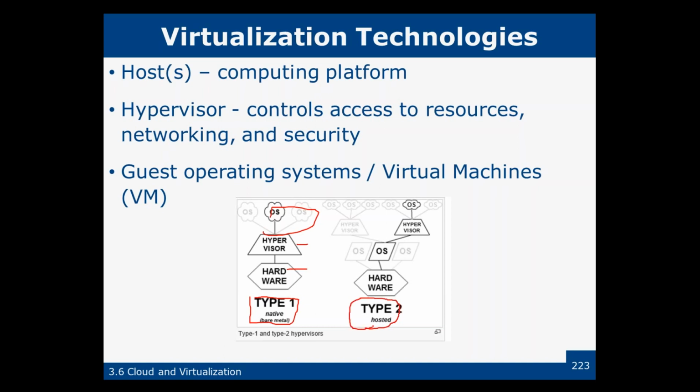This would be like a VMware workstation or Windows Virtual PC. All of these things that run the hypervisor, the virtualization software, run on top of the operating system. So they're not going to be as efficient as this one here that's not on top of the operating system.